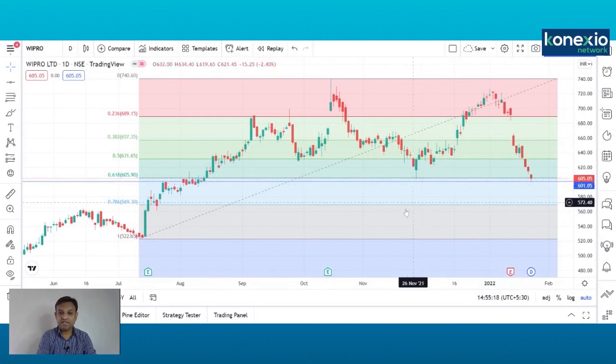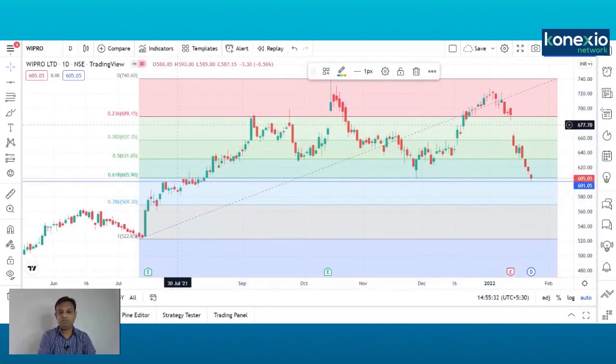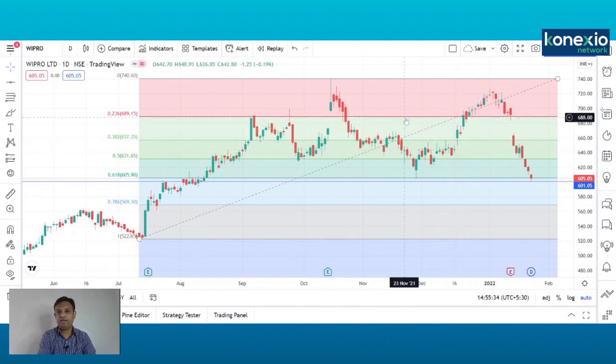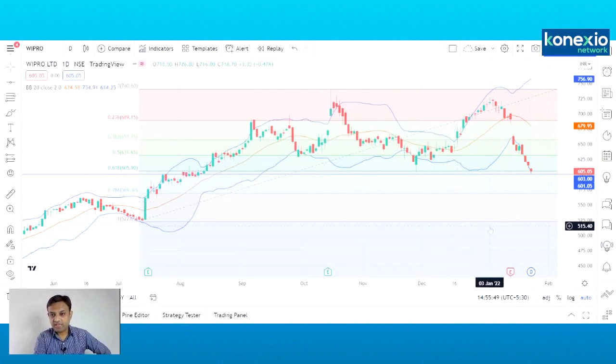Now again, as I said, 61% retracement is a very strong area from where there is a potential for the stock to see a pullback rally. Now again, I would like to add one more. Let me just delete this retracement mark and add another. You can see the Bollinger Band has expanded.